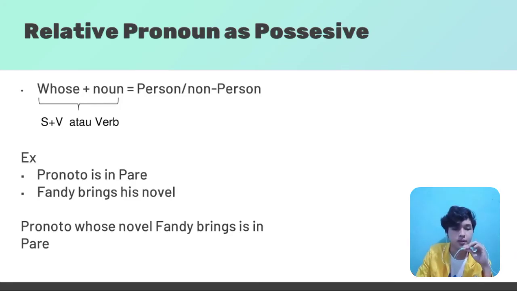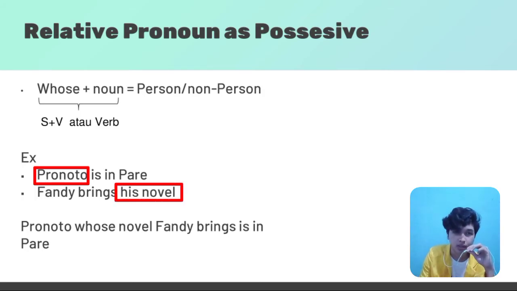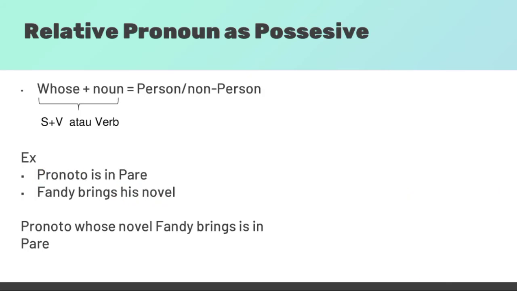For example, we have two sentences here. The first one reads "Pranoto is in Paris," and the second is "Fendi brings his novel." From these sentences, the same ownership is Pranoto from sentence 1 and his novel from sentence 2.